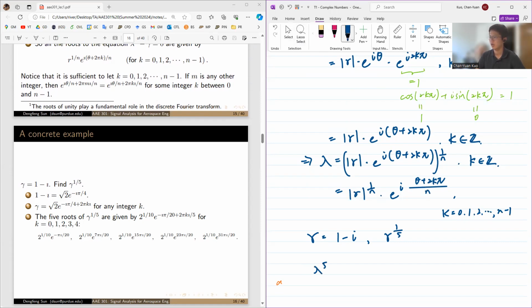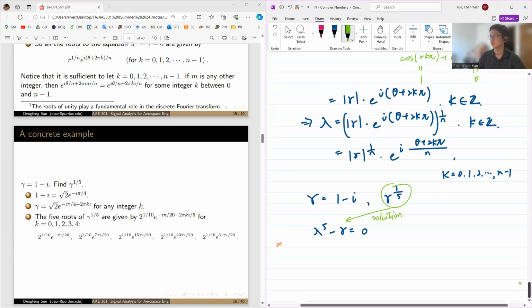Lambda to the power of 5 minus gamma equals 0. Let's see what lambda is. We have lambda to the power of 5 equals gamma. Now let's rewrite gamma in the polar form.